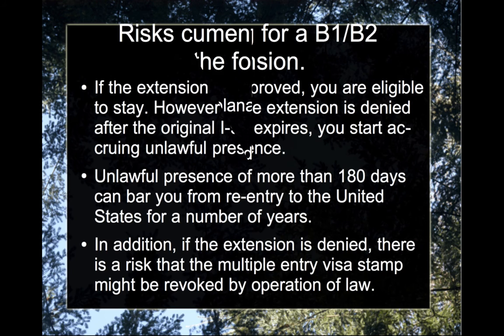So now, the risk of filing the B1 B2 extension. If an extension is approved, everything is well, you continue staying, you'll be all set. But how about if it gets denied? If it gets denied, then you have a problem because you start accruing unlawful presence from the date that the previous I-94 expires.